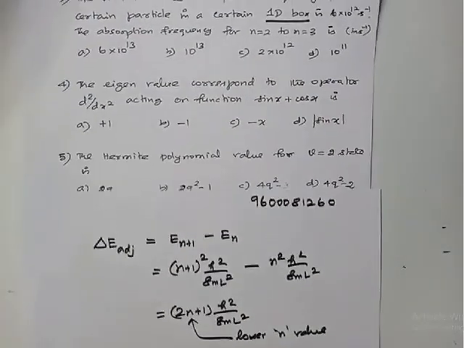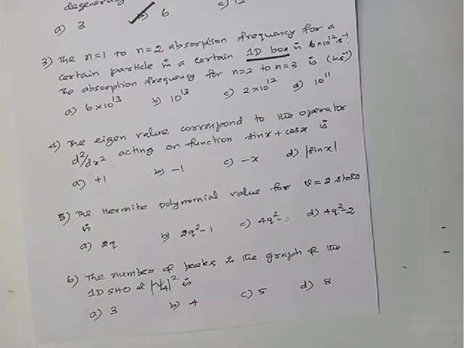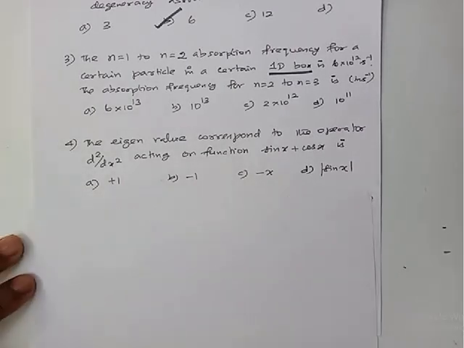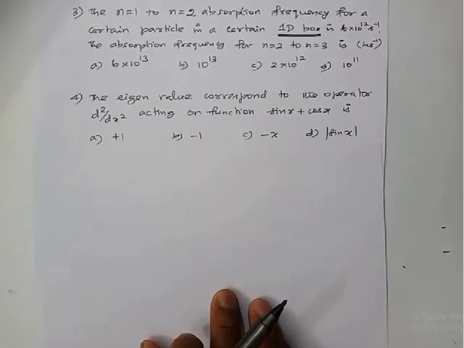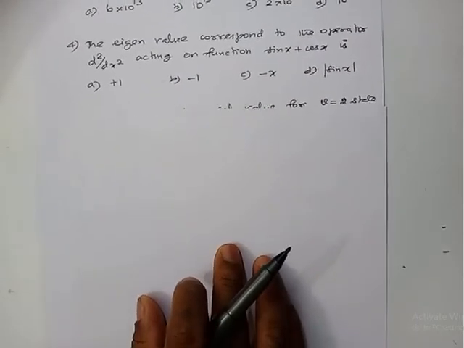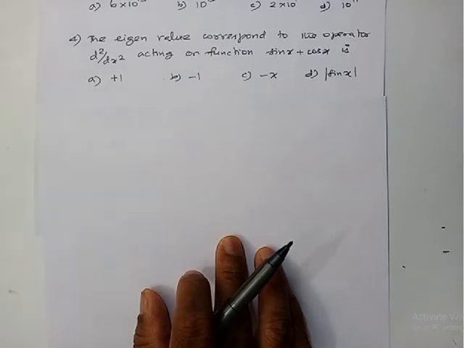Question number 4. Yeah, students, go through the question. The eigenvalue corresponding to the operator d square by dx square acting on the function sin x plus cos x is.